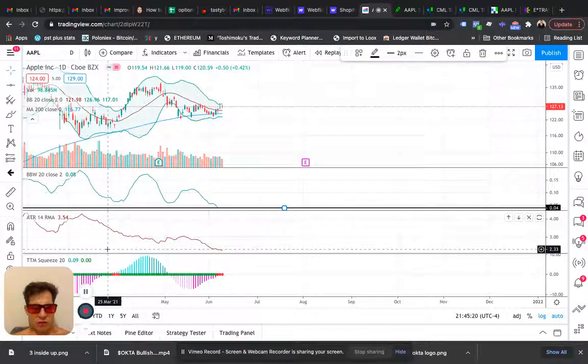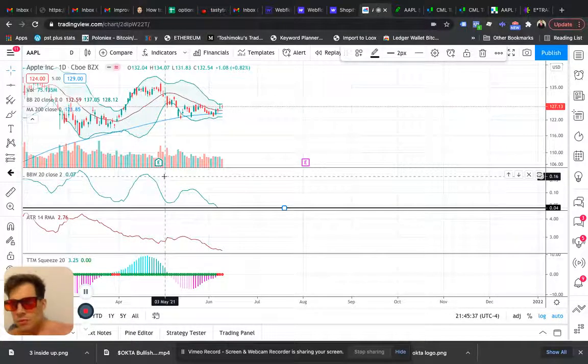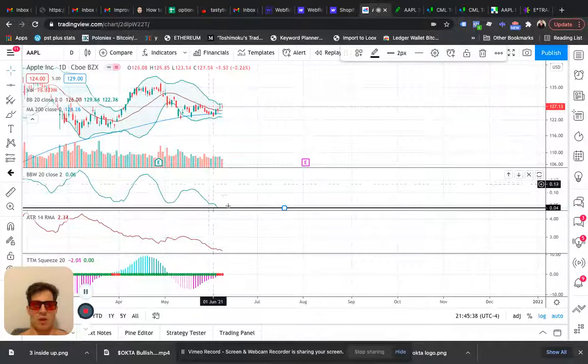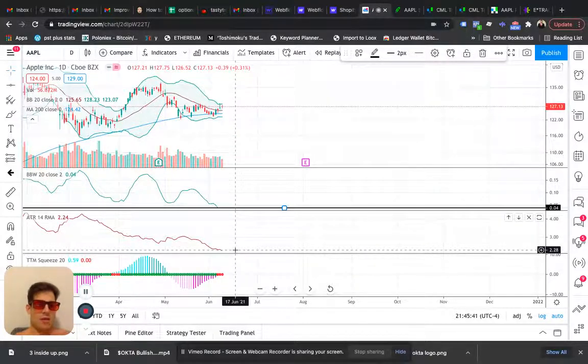This just shows you how much the price of the stock fluctuates in a day. It's showing about $2.30 as the average daily change in price. We're currently at 127. So we just need one day, two days to go to the upside, and we're profitable. We're in that 131 range.